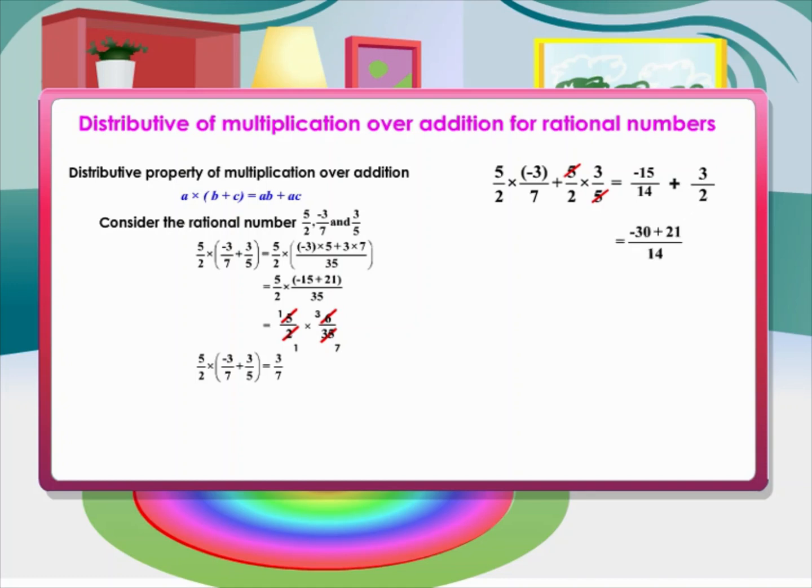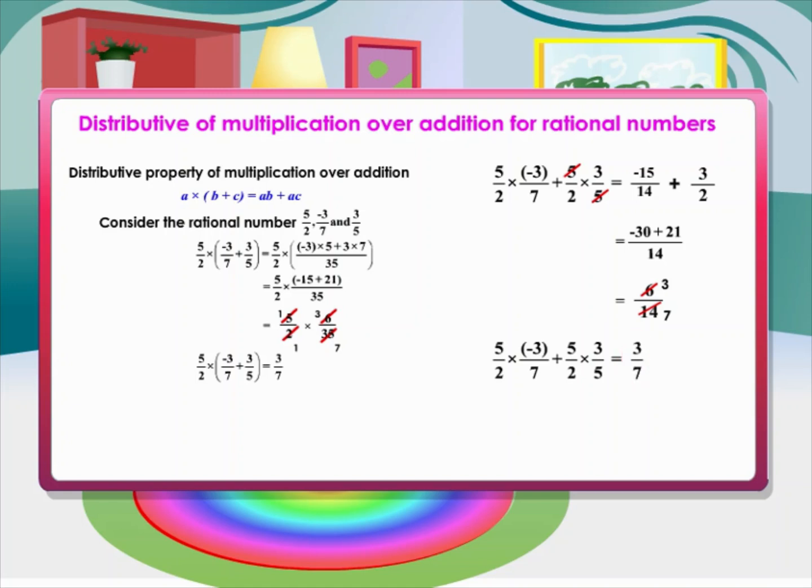We get minus 30 plus 21 whole divided by 14. Solve the above step, we get 6 by 14. Then you can reduce this to the lowest form. 2 times 3 is 6 and 2 times 7 is 14. Hence we get the answer for 5 by 2 multiplied by minus 3 by 7 plus 5 by 2 multiplied by 3 by 5 is equal to 3 by 7.